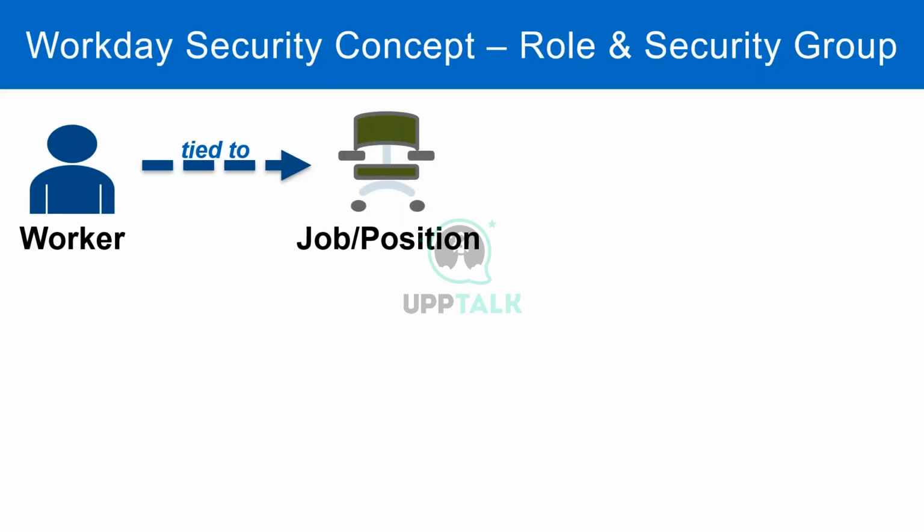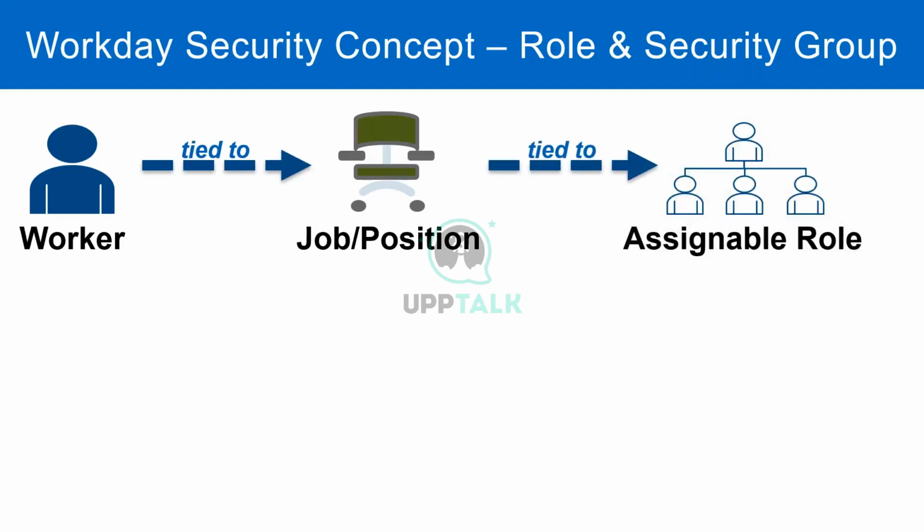Always remember, the roles that we will assign today are always assigned to the position, not to the person. And the position is assigned to the assignable role. So indirectly the worker is assigned to the role. The worker is not directly assigned to the role. The worker is assigned to the position, and the position is assigned to the role.